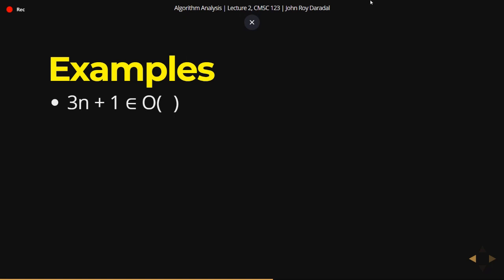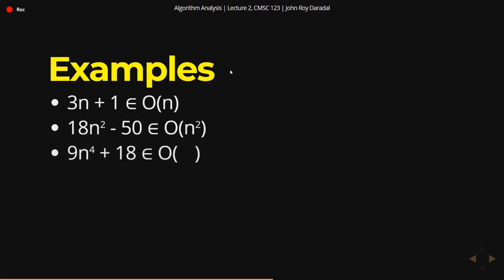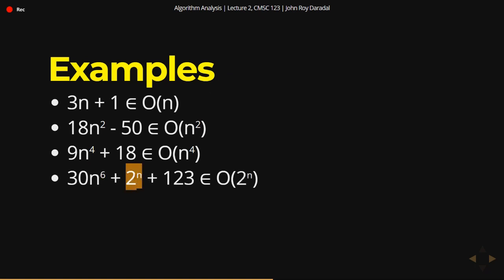So let's see some examples. So 3n plus 1 is in O of n, right? 18n squared minus 50 is in O of n squared because that is the biggest growth rate here. 9n to the fourth plus 18 is O of n to the fourth. 30n raised to 6 plus 2 raised to n plus 123 is O of, well, it's not n raised to the 6, but it's actually O of 2 raised to n because 2 raised to n is the bigger factor than n raised to 6.